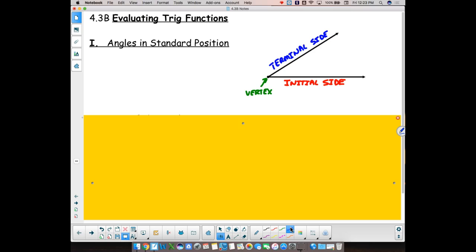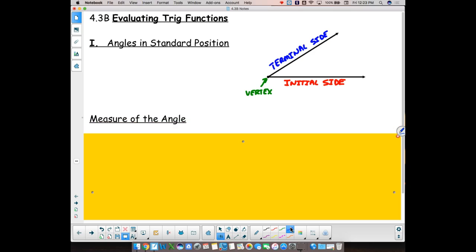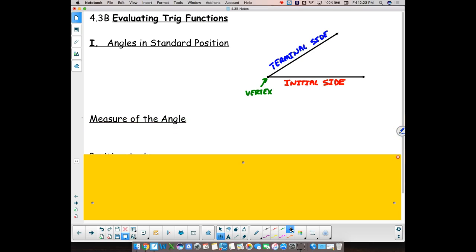So we start at the initial side, we go all the way through the terminal side. And the rotation that we have to take to get from the initial side to the terminal side is called the measure of the angle.